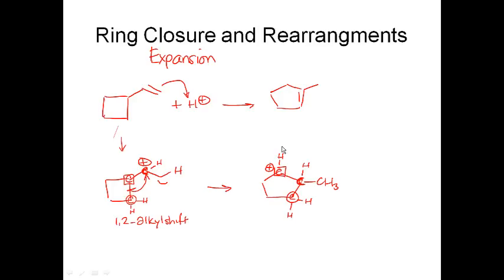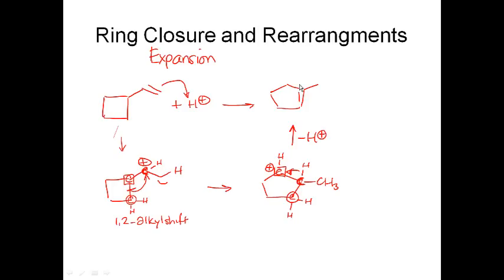And then in the final step of this mechanism, we lose that H+, and we generate our most substituted alkene. So we can end up doing ring expansion, and ring expansion will oftentimes happen with a 4-membered ring going to a 5-membered ring.